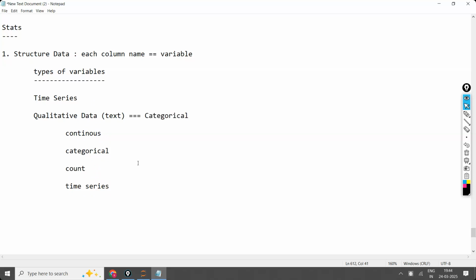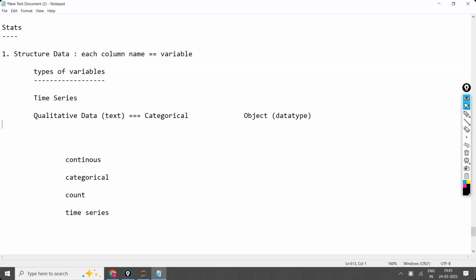What is the data type of this? It will always be object. This is the data type in Python.